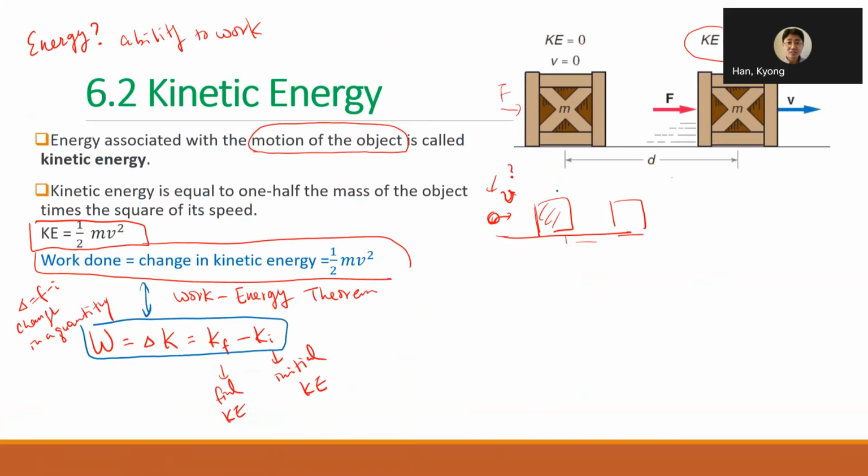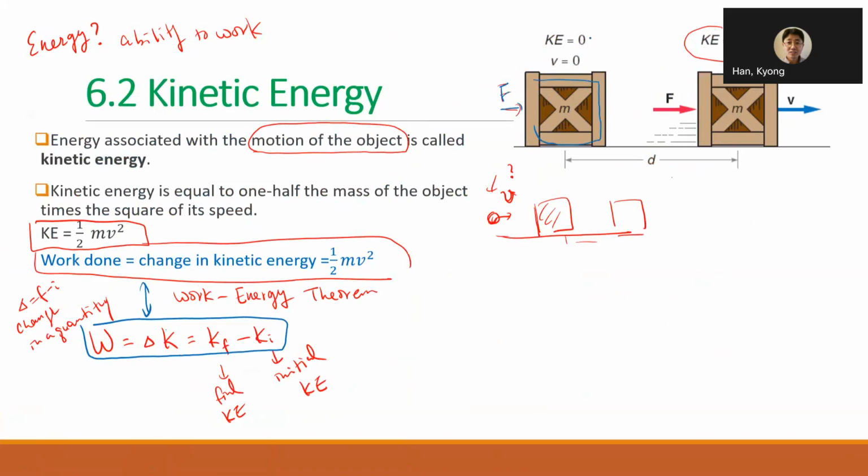Obviously, if I do some work, if I apply the force so that this crate moved, then the crate gained energy, kinetic energy, changing kinetic energy.